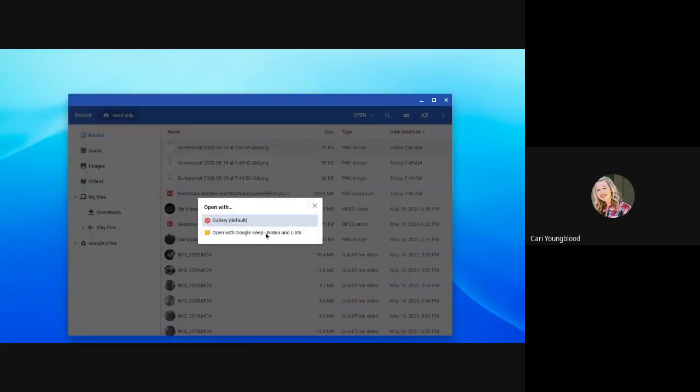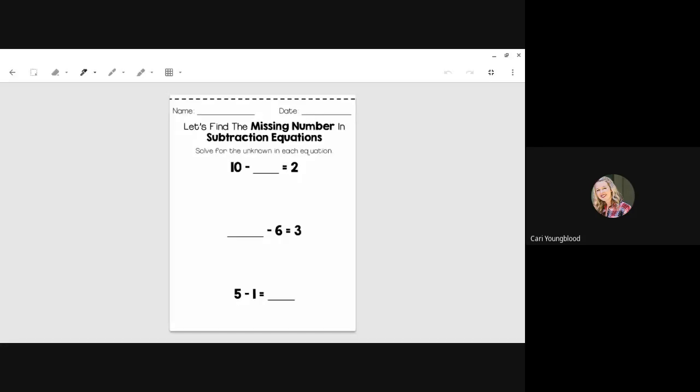All right, this last one, I want you to try these by yourself. So let's look at these real quick. So you can go grab a piece of paper and a pencil and try these for me. They're going to be mixed, so some will have unknown parts, some will have an unknown whole, but they're all subtraction. So if you have one that's an unknown part, I want you to try the strategy of flipping the subtraction equation into addition and solving for that unknown.